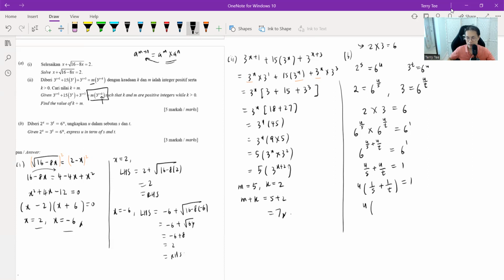So when you cross, yeah, we can say 1 times t, which is t. 1 times s, which is s. S times t, which is st. The result is 1. To find u, st goes up, t plus s go down. Now, whether you write t plus s, s plus t is the same. Yeah, your st over t plus s or st over s plus t. There you go. You got your u in terms of s and t.